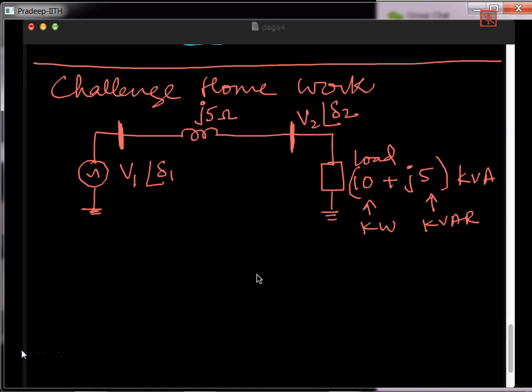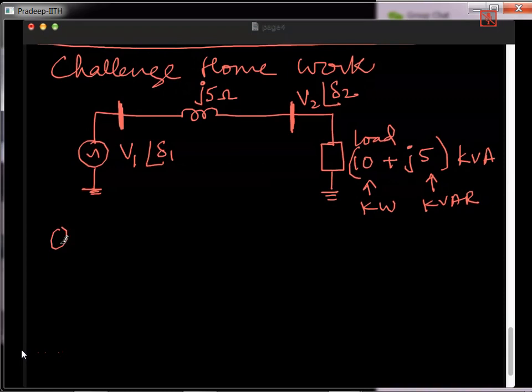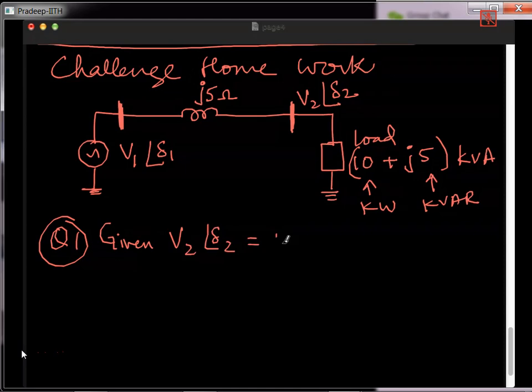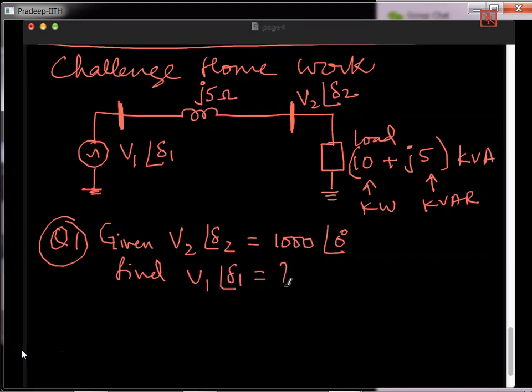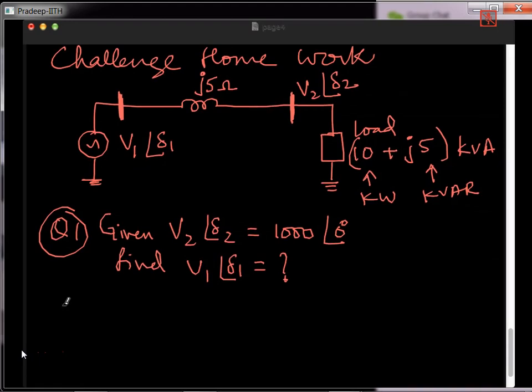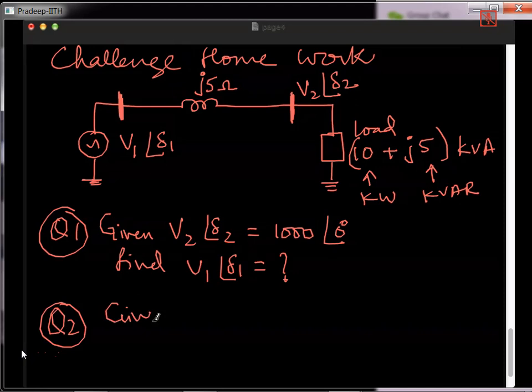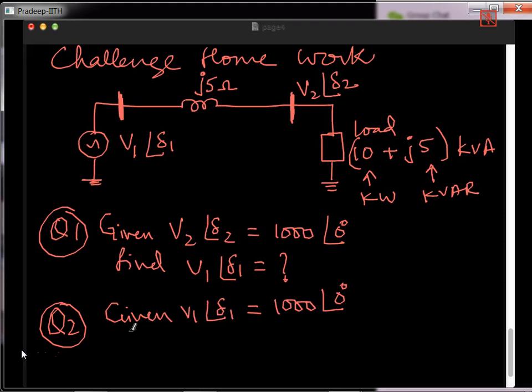So I have two questions here. Question 1: given V2 delta 2 equal to 1000 angle 0 degrees, find V1 delta 1. This is question 1. Question 2: given V1 delta 1 equal to 1000 angle 0 degrees, find V2 delta 2.